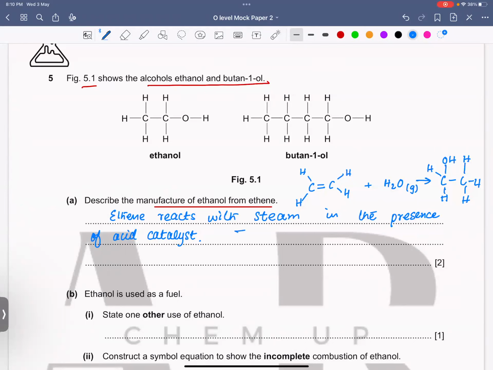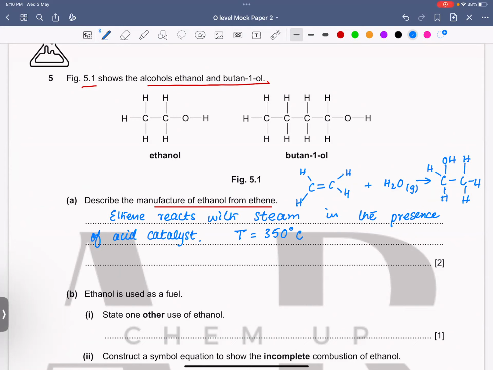And further, if you want to mention, the temperature that we normally use is around 300 or 350 degrees Celsius. Only the temperature is 300 degrees Celsius, and there is also a pressure of 60 atm, right? Yes, but it's for 2 marks, so I have written the 3 conditions.